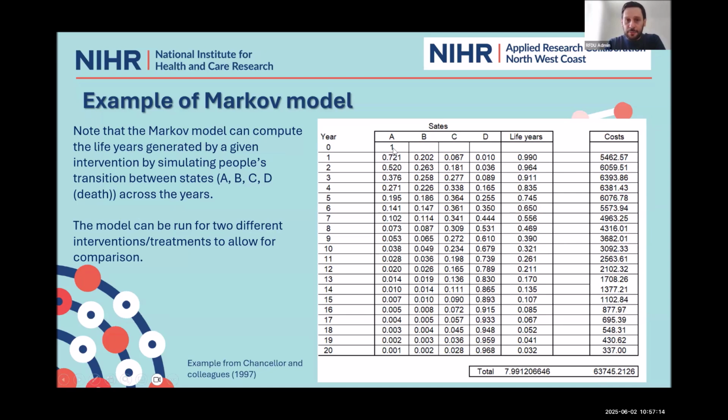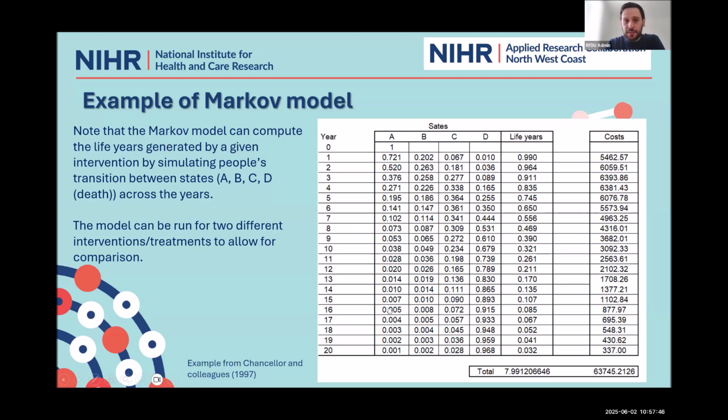In cycle 0, everyone is asymptomatic, and then in cycle 1, 72% of people will stay asymptomatic, but some people will have moved to the moderate severity state, some to the high severity state, and some will have died. In particular, 99% of people will survive, so that means you get 0.99 life years gained from that particular cycle.